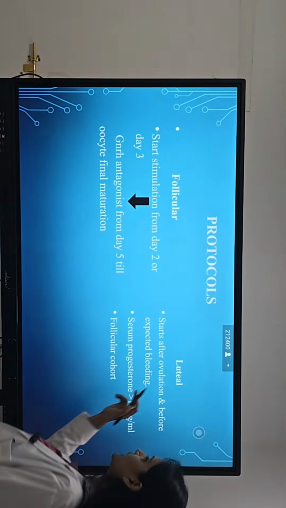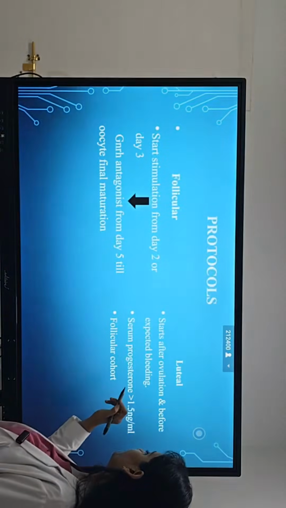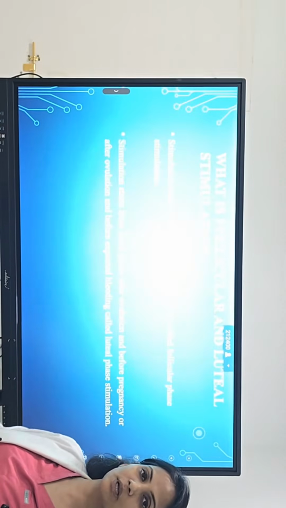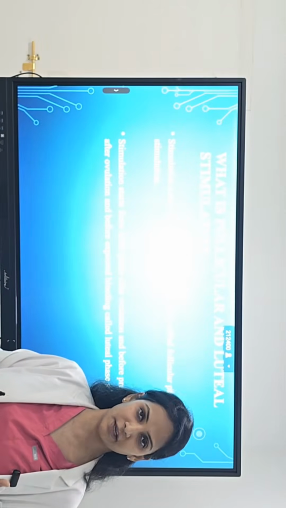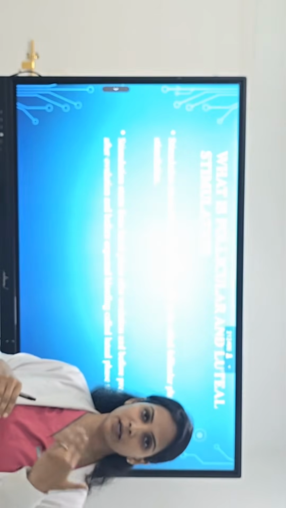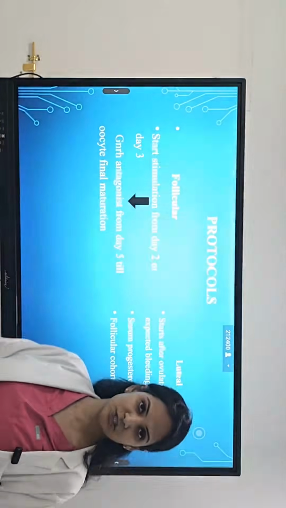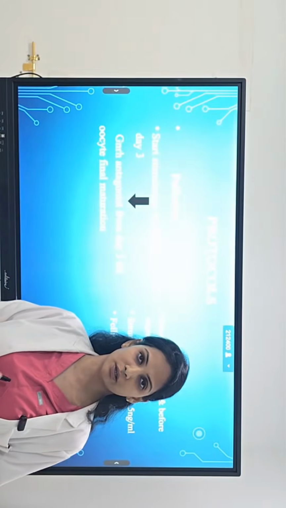In luteal phase, we have to check the serum progesterone level. If serum progesterone level is more than 1.5, it means ovulation has already occurred. Second, we also have to check her beta hCG level, whether she is pregnant or not.